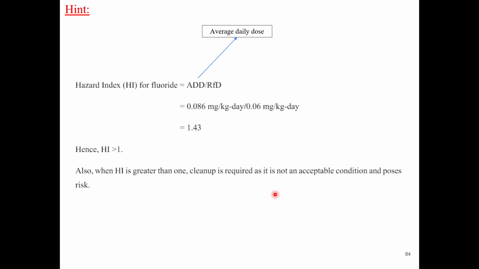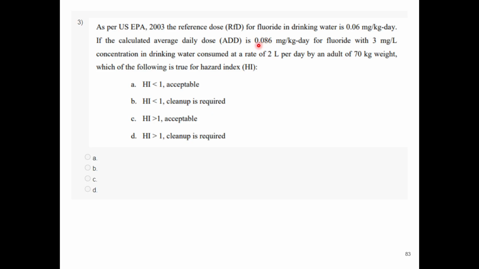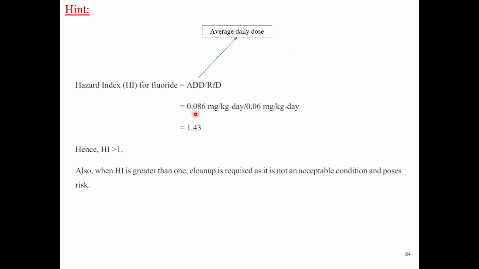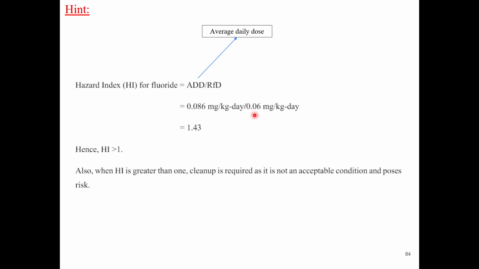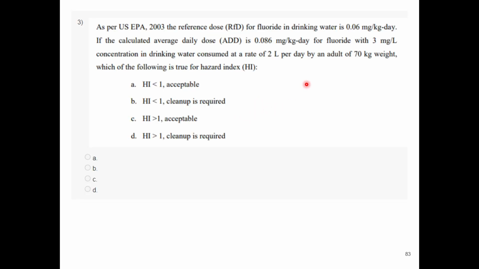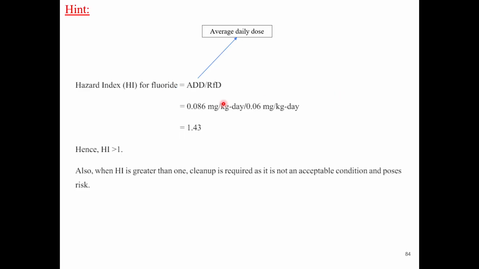So if you see here the hazard index calculation, for fluoride the hazard index HI will be ADD by RfD. ADD is average daily dose and RfD is reference dose. So average daily dose is 0.086 milligram per kg day, and reference dose is 2 into 3 divided by 70, so it comes to 0.06 milligram per kg day.